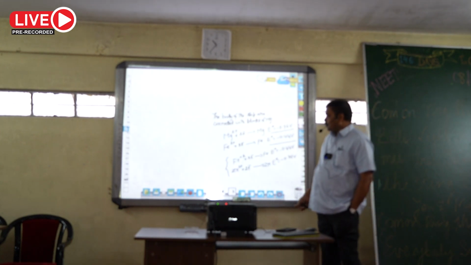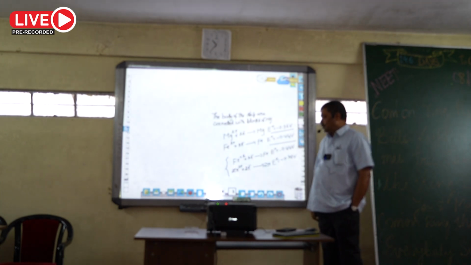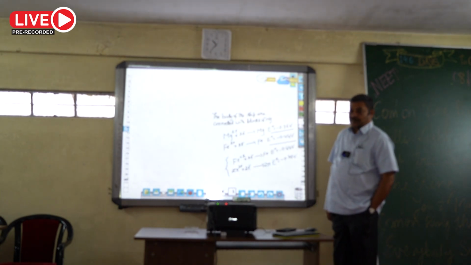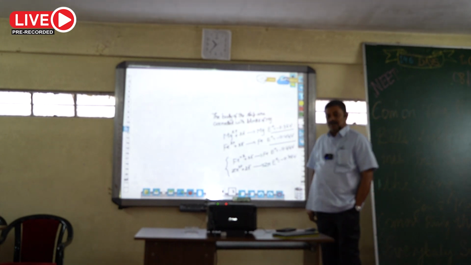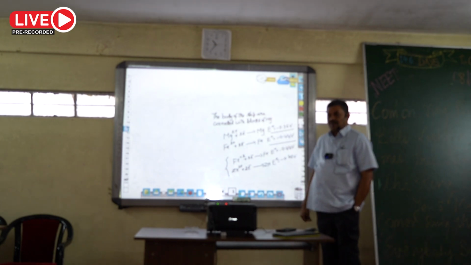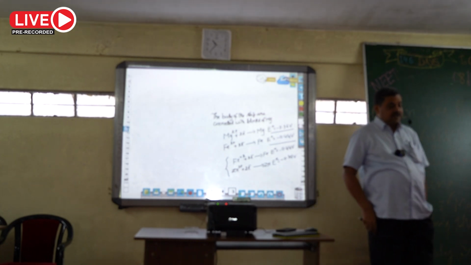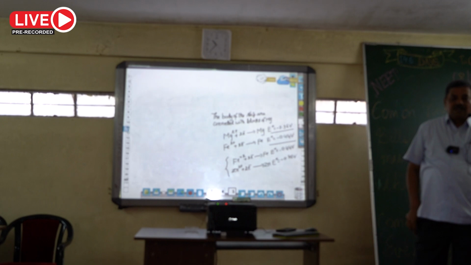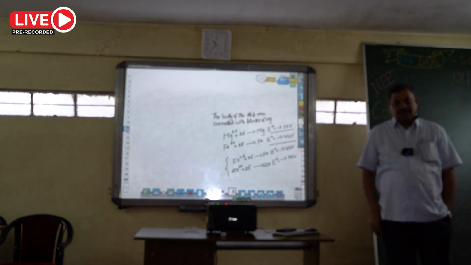So here, as we are seeing the standard reduction potential values of M2+ ion plus 2 electrons gives M solid, we have come to the conclusion that the irregularity of the SRP values indicates that the energy changes are also irregular.